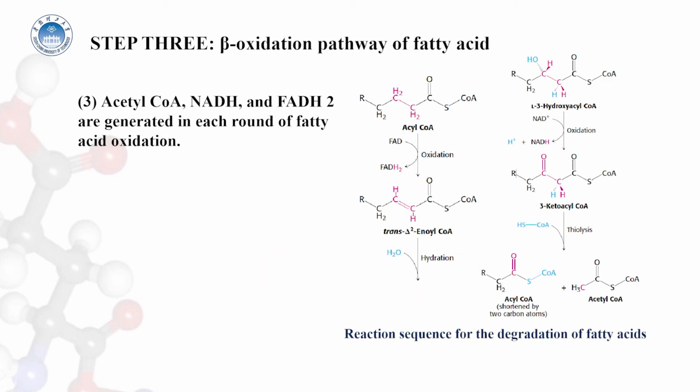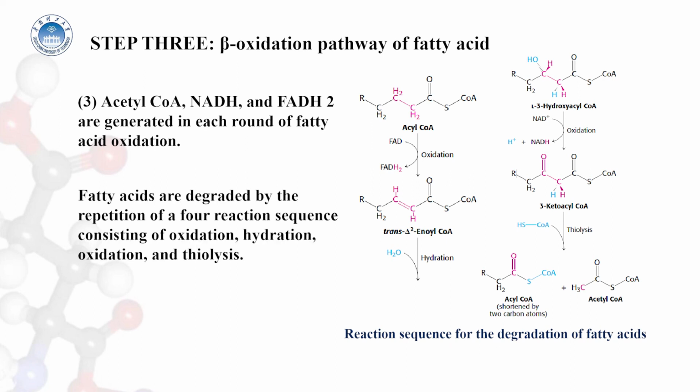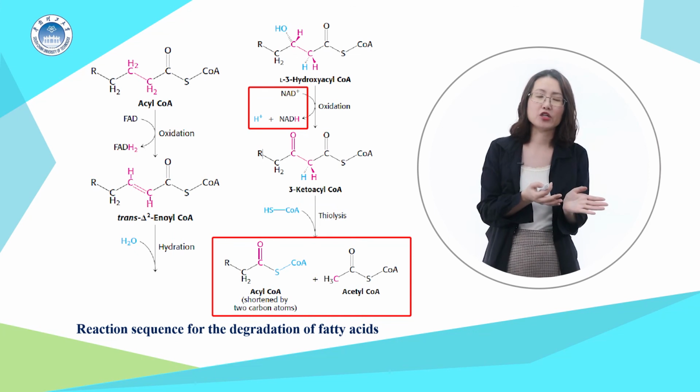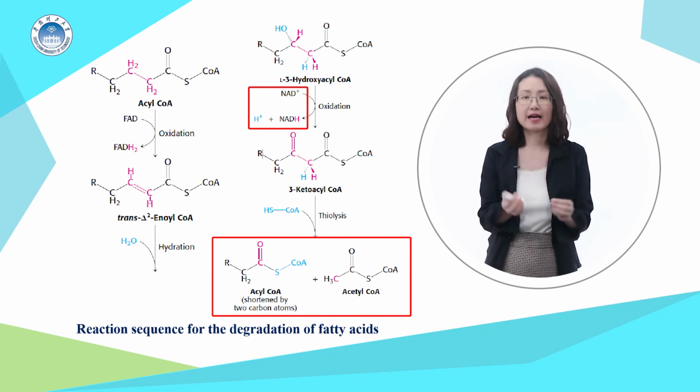A saturated acyl-CoA is degraded by a recurring sequence of four reactions: oxidation by flavin adenine dinucleotide, short for FAD, hydration, oxidation by NAD+, and thiolysis by coenzyme A. The fatty acid chain is shortened by two carbon atoms.